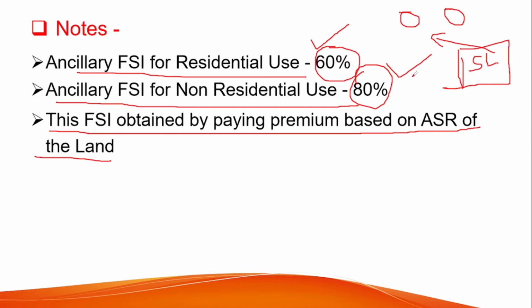There are different premiums in different areas. Suppose the payment of premium over here is 15%. Then the amount you have to pay is 5 lakh into 15 divided by 100. After calculation, we pay the amount we get to the authority, then we will be able to get the 60% FSI, that is the ancillary FSI. Okay, so this is the meaning.